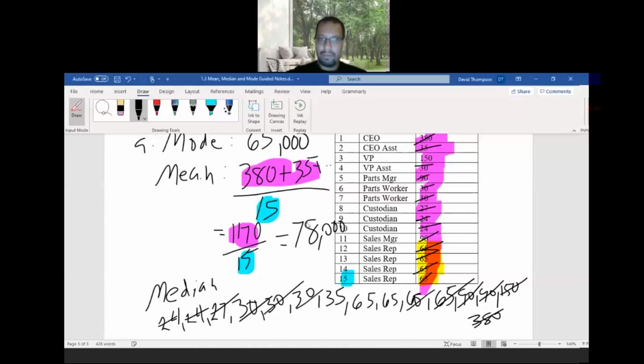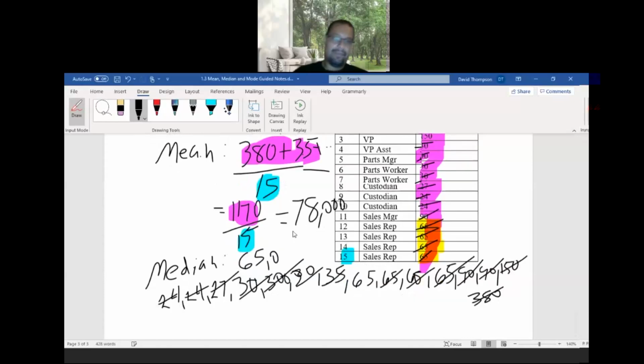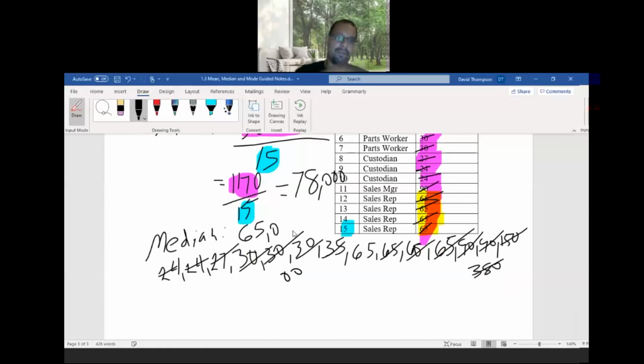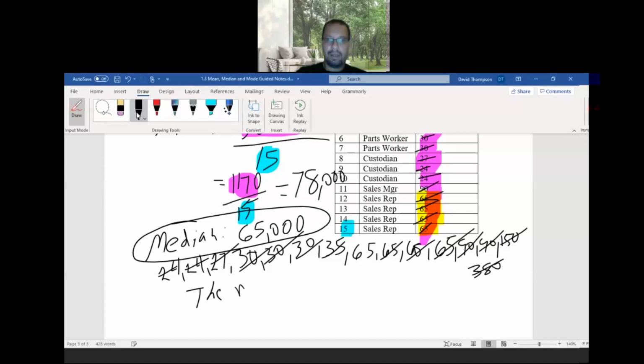So the median is $65,000. So the reported statistic is the mean.